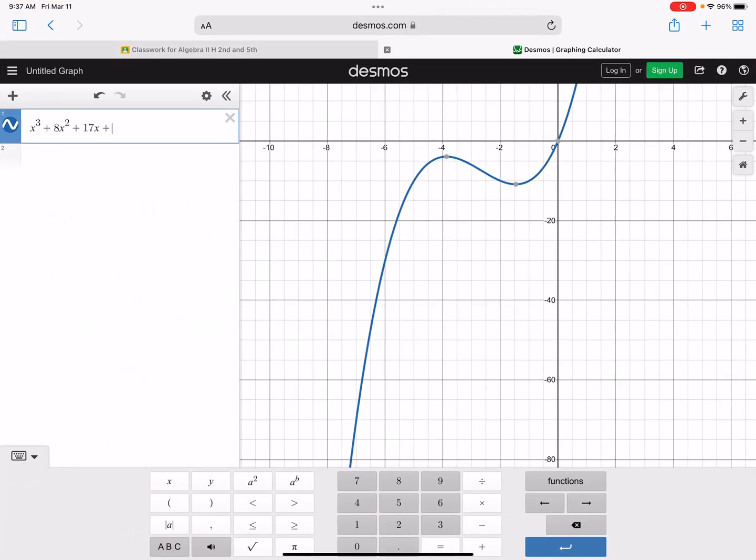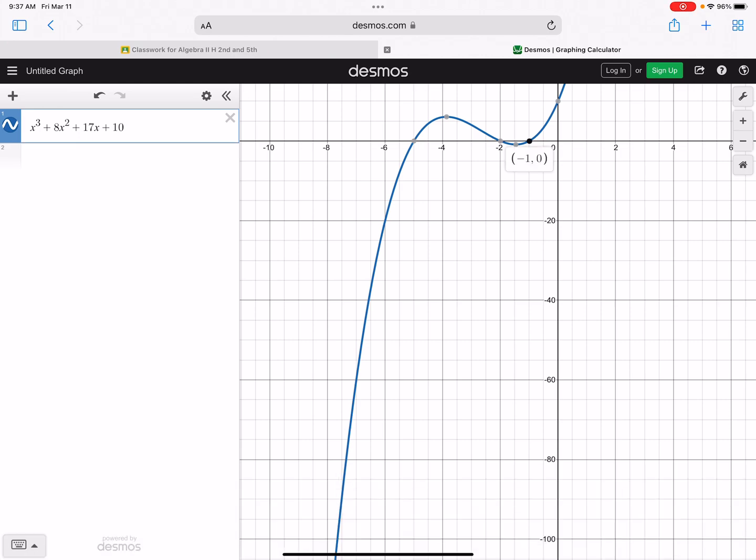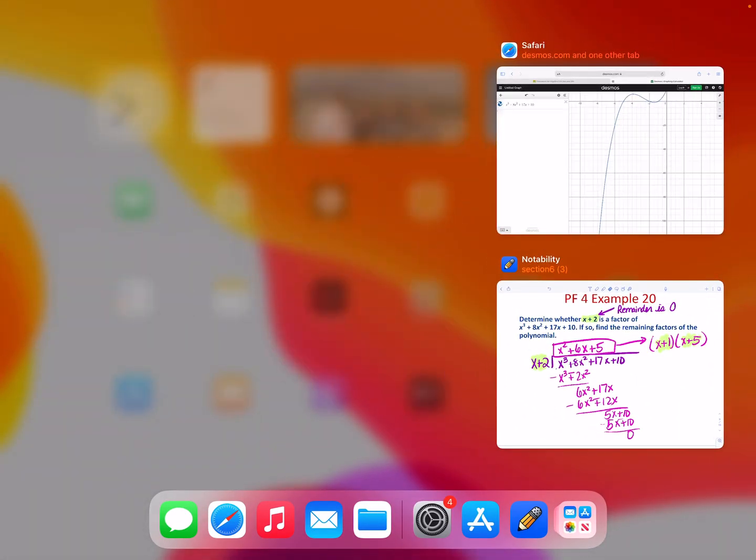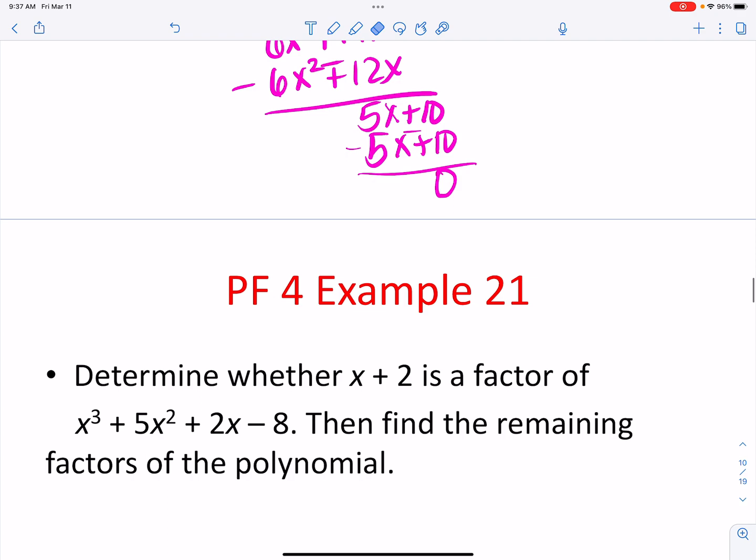Plus 10. Does it hit at -1, -2, and -5? Yes, -1, -2, -5. So we can use long division to find our roots.